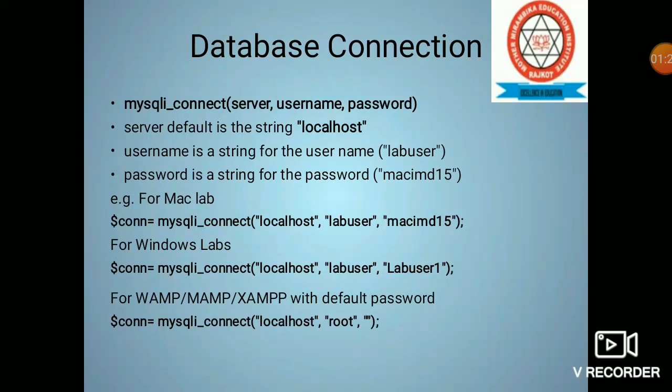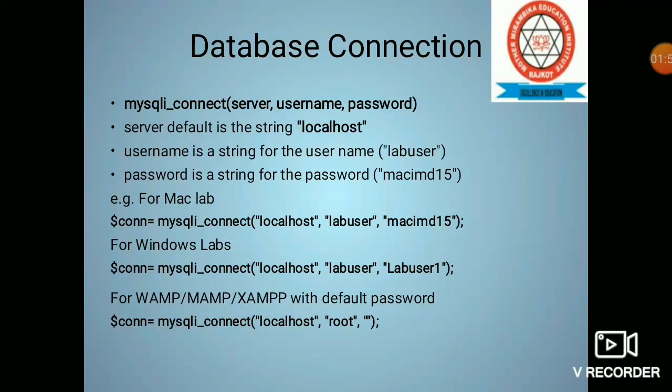To create a database connection, the function is mysqli_connect, which requires 3 arguments: server name, username, and password. Server default is the string localhost, username is the name of the user, and then the password. Examples are given for Mac users, Windows users, and users using WAMP, XAMPP, or MAMP, with a default blank password.